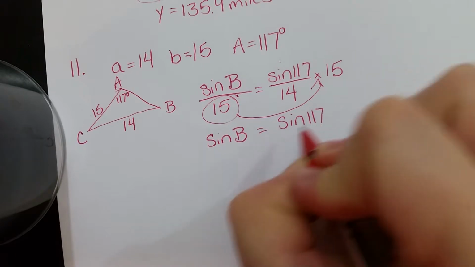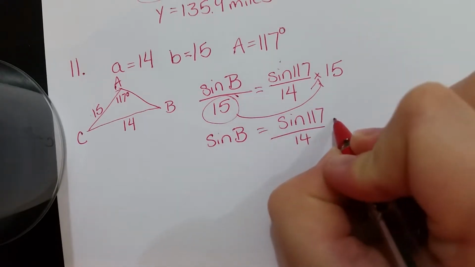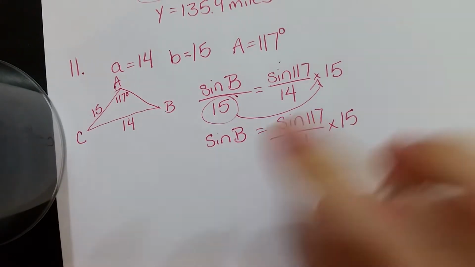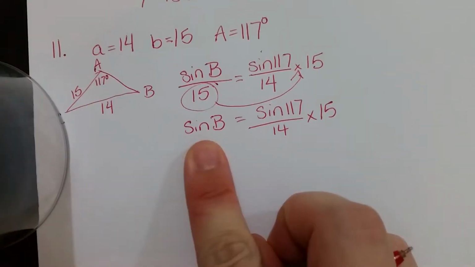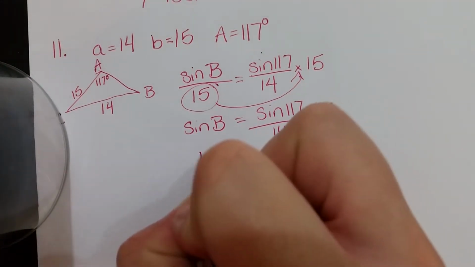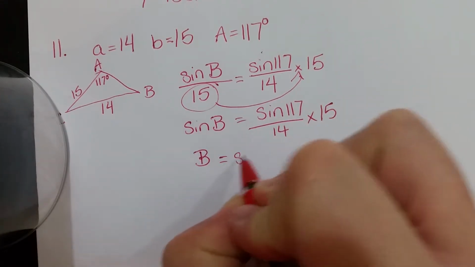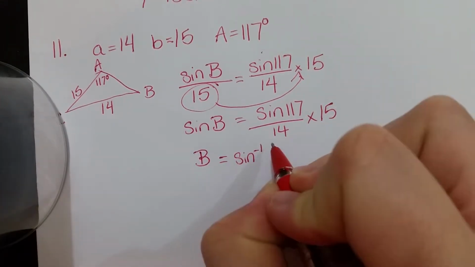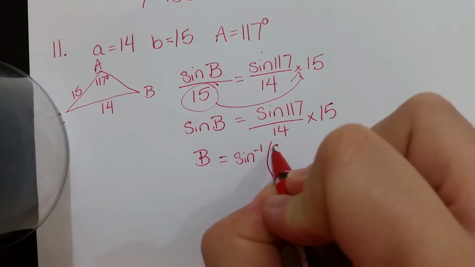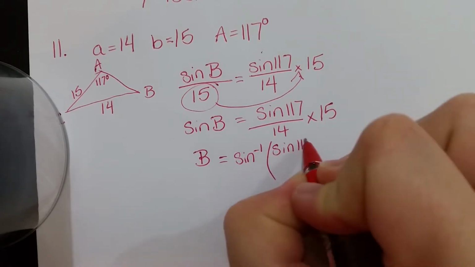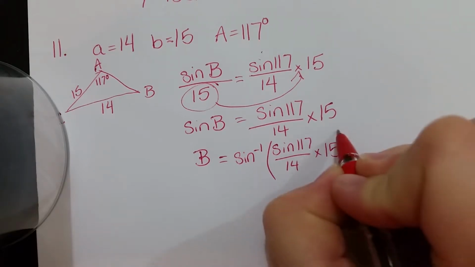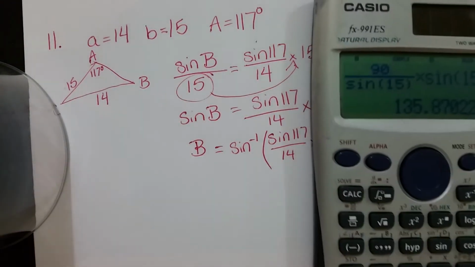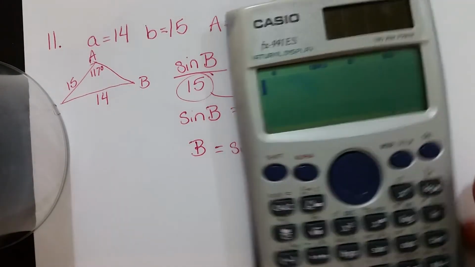So when you go to put it in the calculator, if you're trying to find an angle, you'll want to do shift sine. So it'll look like this, B equals sine inverse of sine 117 over 14 times 15. Okay, so let me show you in the calculator what that'll look like.